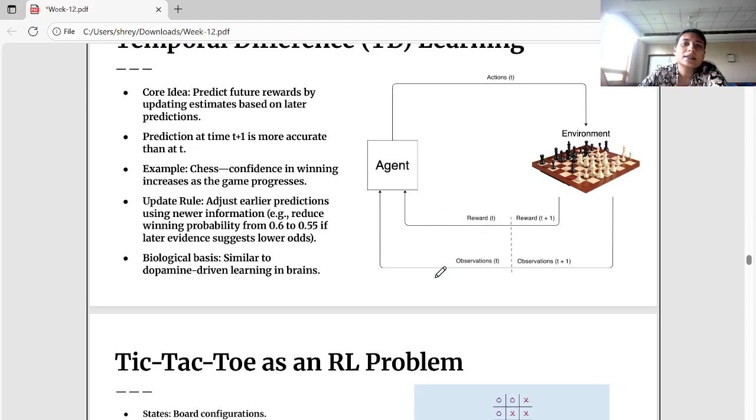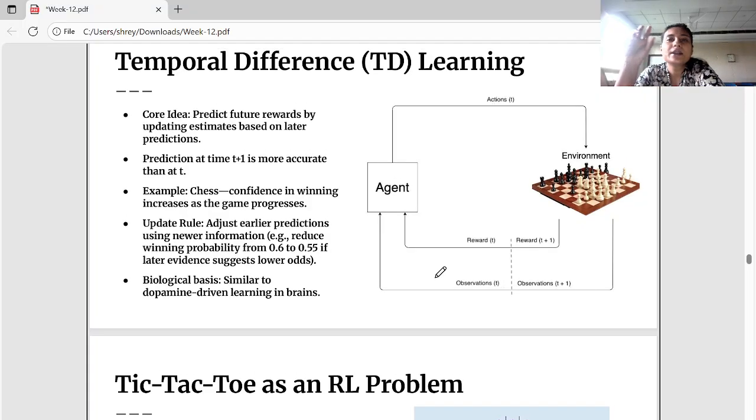For that there is a learning called temporal difference learning, because whenever you take some action, the states are changing. So the core idea is to predict the future rewards, updating the estimates based on the later predictions. We want to predict the later rewards, and have an idea at this stage.